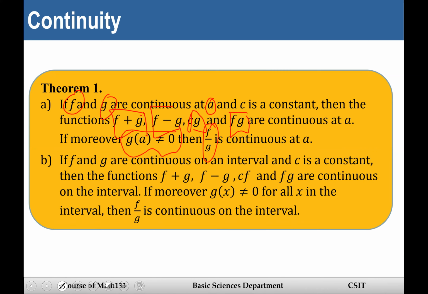If we think about continuity on the whole interval, then the same rule will apply. Just be careful to have g(x) not equal to 0, because we need this division of f over g. Good.